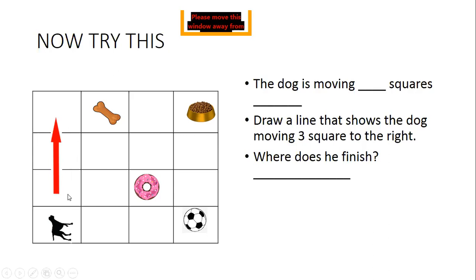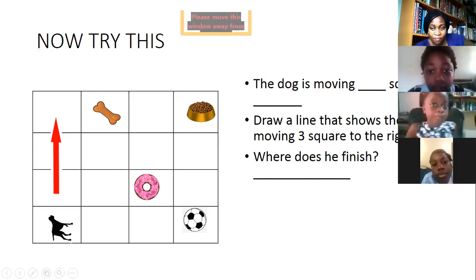So remember, look at the chart and tell me, which direction is the arrow pointing to the dog?